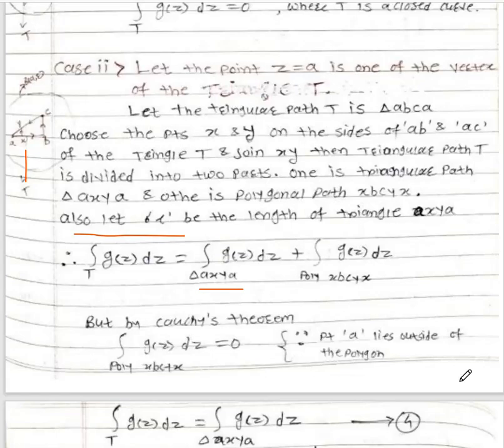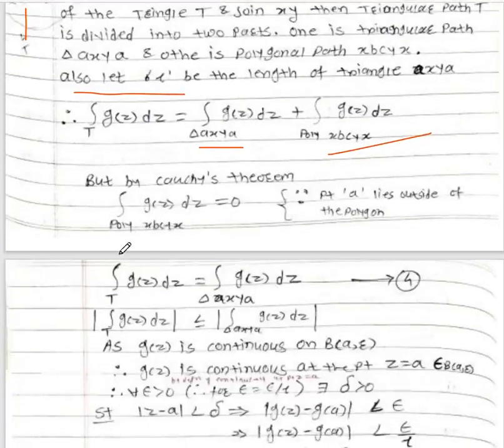Here z lies outside of the polygonal path. So by using Cauchy's theorem, the integral of g of z dz over the polygonal path XBCYX equals 0. So this term will become 0. Therefore the integral over T of g of z dz equals the integral over triangle AXY of g of z dz, equation number 4.